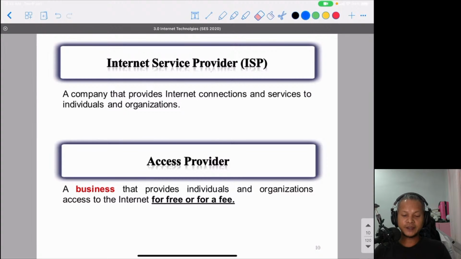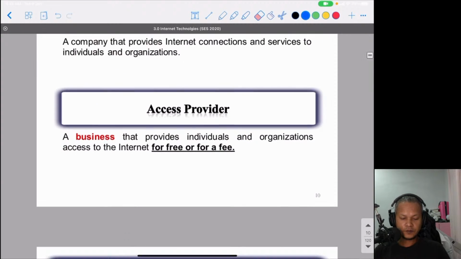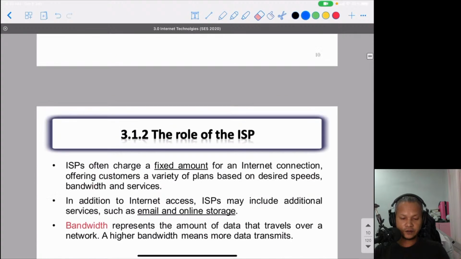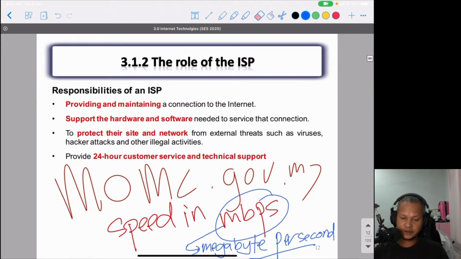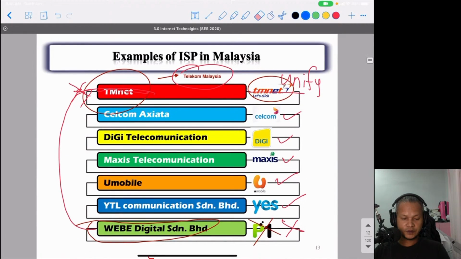A company that provides internet connection and service to individuals, an access provider, for free or for payment. For the role of ISP, I think you need to remember the responsibilities of ISP. And then these are the companies, the ISPs in Malaysia. Some of the companies have already changed their name, and maybe some have terminated.